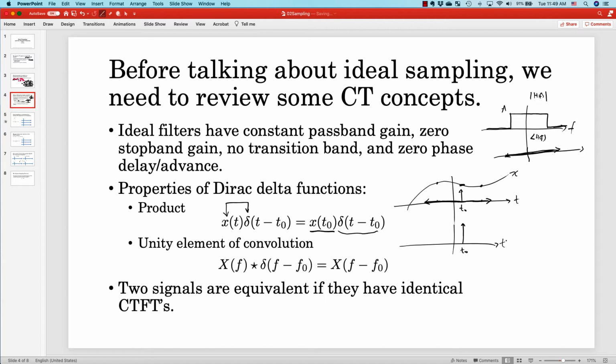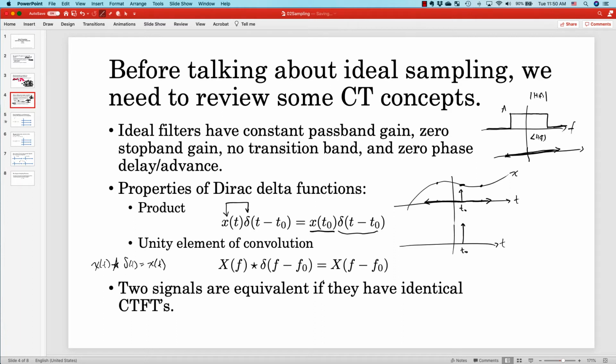The other important piece of information about deltas that we need for this lecture is that they act like ones when you convolve. You might have learned this as x of t convolved with delta of t equals x of t, and that's true. I just want to point out that it doesn't actually matter what domain you're in.